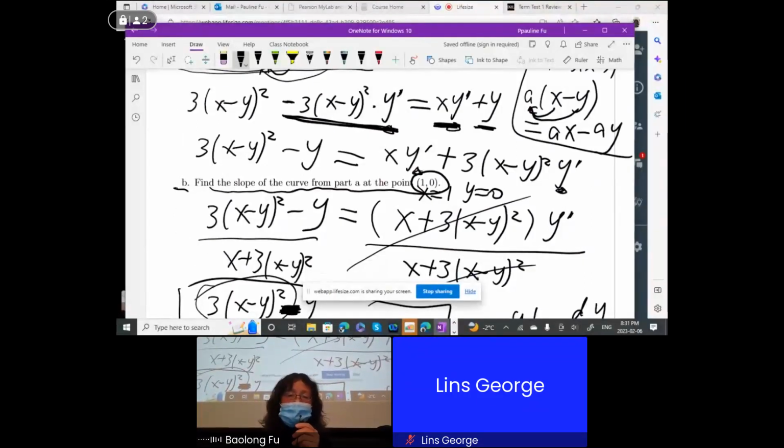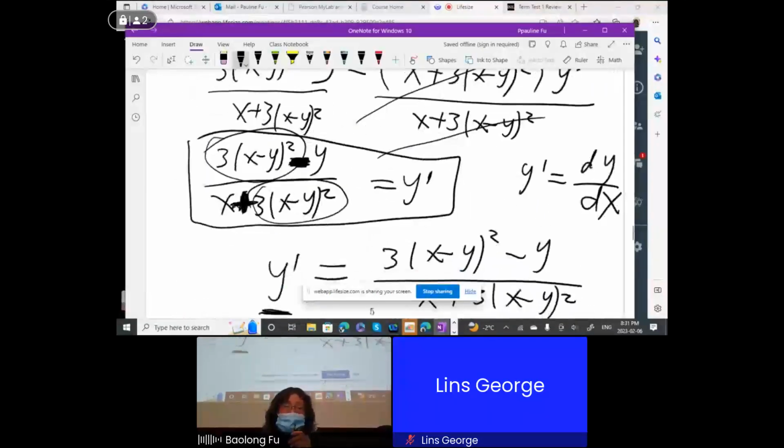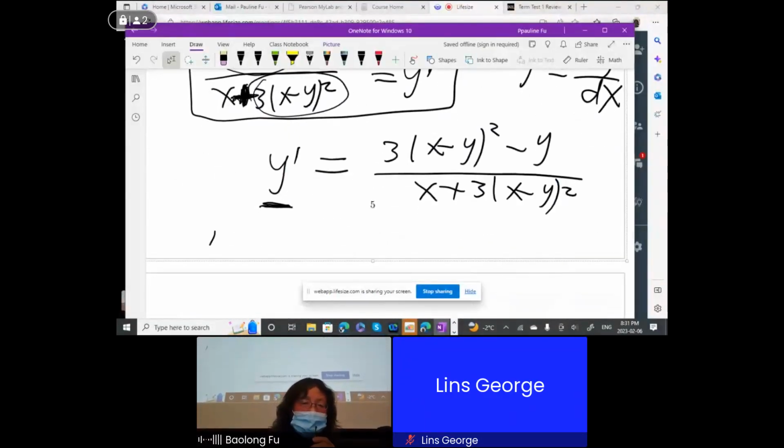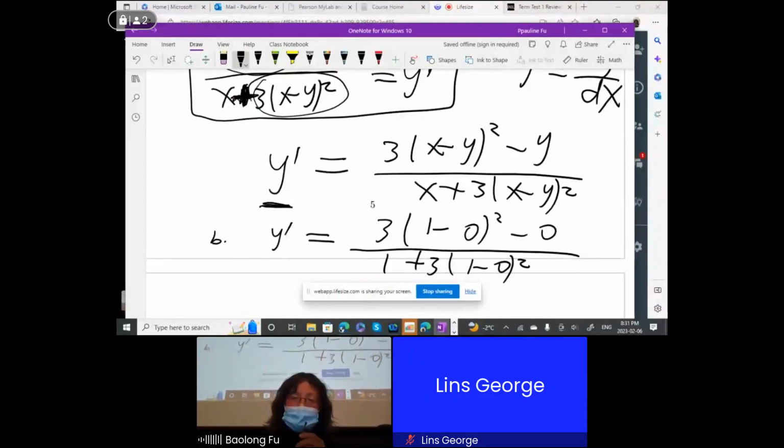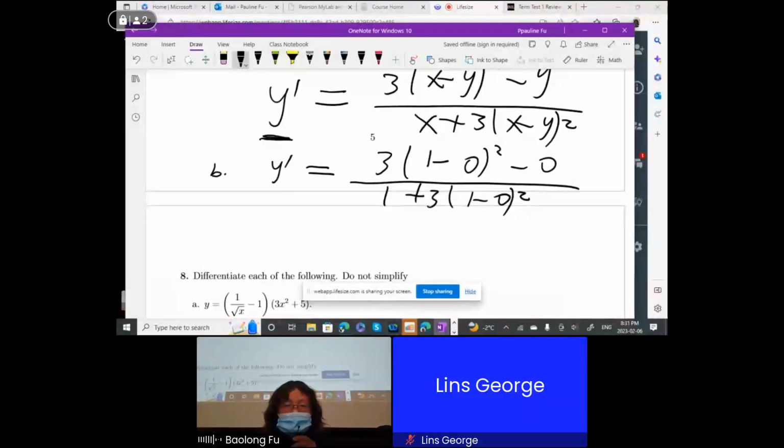You find the slope. X is 1, y is 0. Found out this one. This is the final answer.